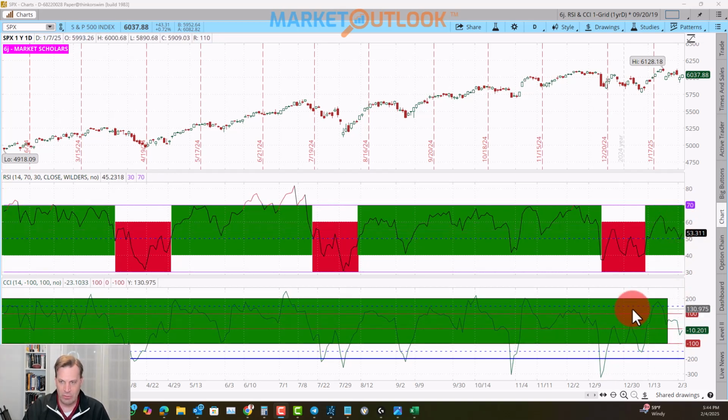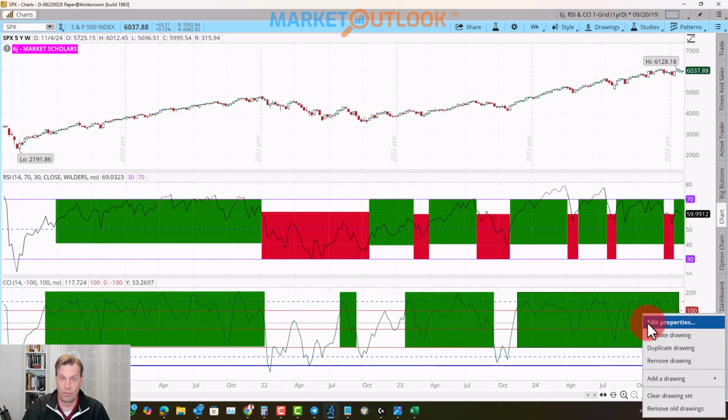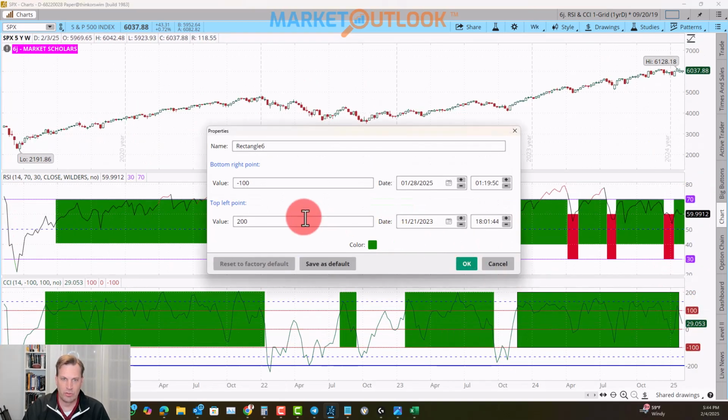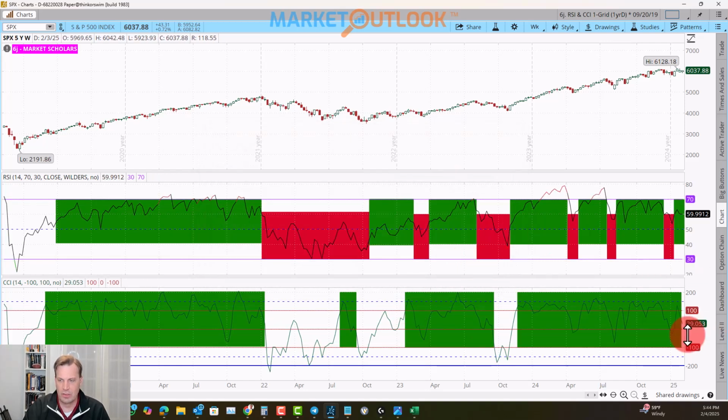And we're, for that matter, still green here too on the weekly, because remember, it doesn't stop being green until we're in correction mode, because we're using the weekly chart here. That's when it stops turning green. And we're nowhere near minus 100. It's got to get below minus 100 for that correction to start, just like it did in 2022. And like it did here in the fall of 2023 when we were on the cusp of more of a correction, and we had a very weak correction and a really deep pullback there.